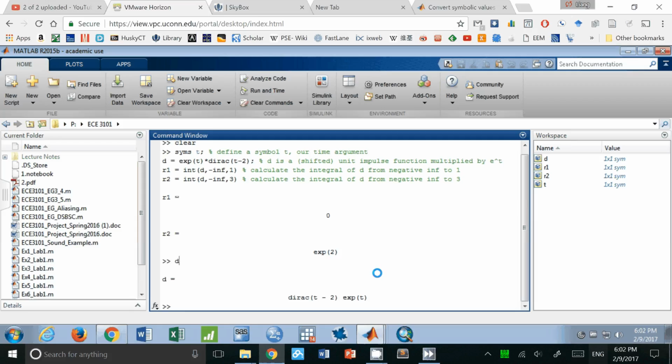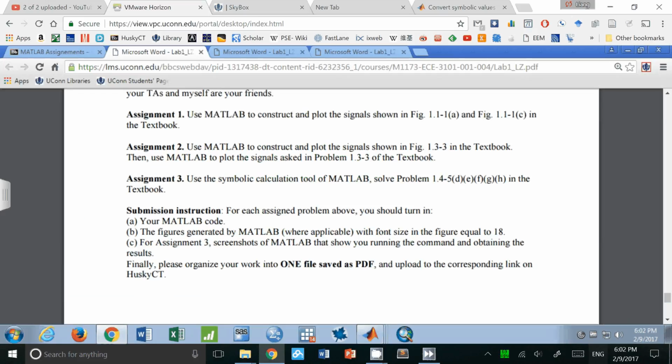So it'll be this one. I want to see a screenshot of this nature where I can see our command being run and I can see the results that are shown.